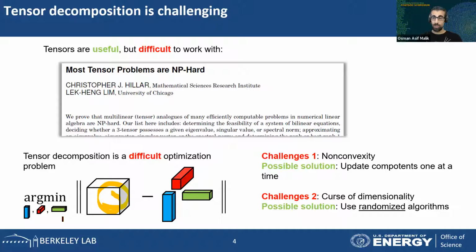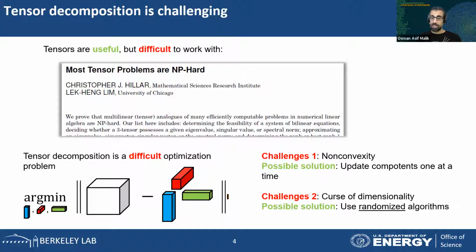So one solution to this problem, in order to find approximate solutions, is to update these components. So instead of solving with respect to all of them at the same time, we can update one at a time in an alternating fashion. So this is work that other people have done previously, and it works very well on tensors that are quite small, typically.